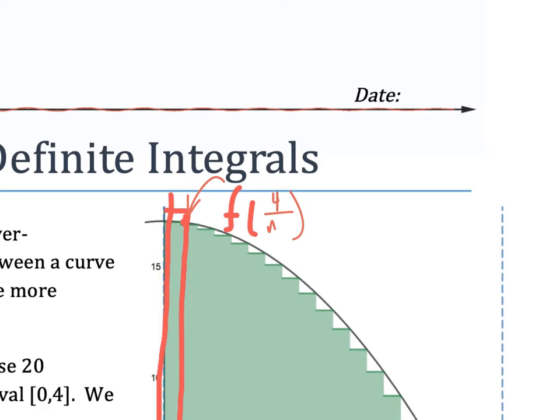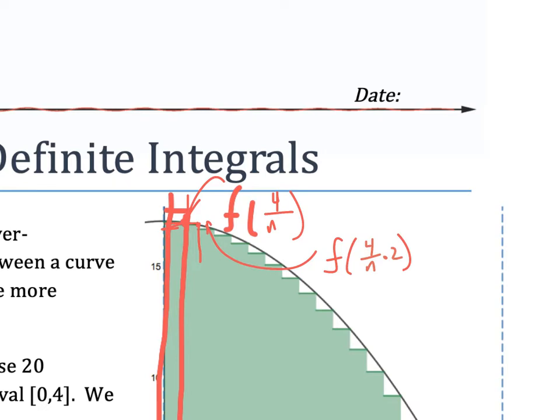Now the second x value, what would this next rectangle be? Okay, that second x value there would be twice as far, right? Because 4 divided by n is the width of one of these rectangles. The width of the next one would be 2 times that. Well, 2 times 4 divided by n, let's just do it as 4 over n times 2. All right, well, where's the next one?